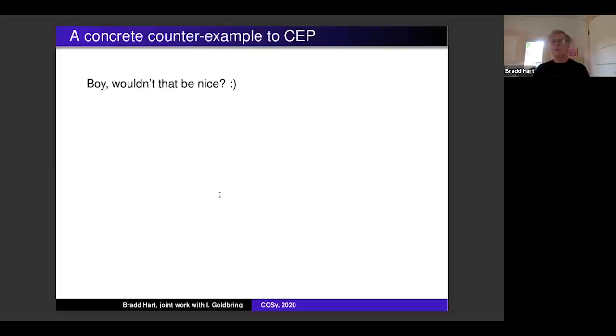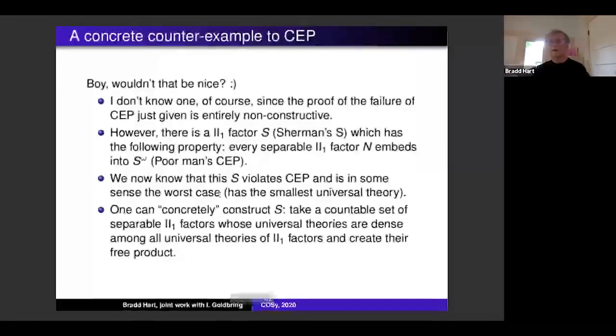Of course, the failure of CEP on its own is a bit unsatisfactory without knowing an example of a II_1 factor. But I remind everybody that we know an example of a II_1 factor that does this.